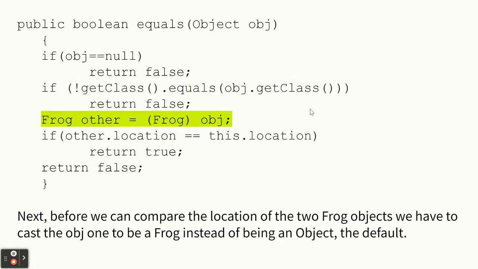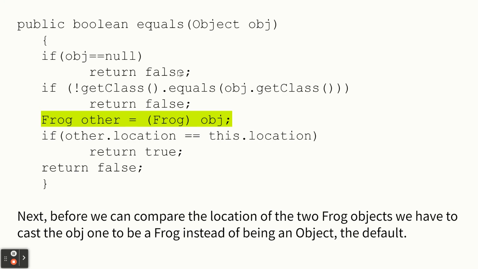Then we have to cast the OBJ into a frog because it's an object right now. Just like we cast an int into a double by putting double in front with parentheses, you can cast something into a frog. Of course, only if it is a frog. If you tried to cast an int into a frog, I think it would just say can't do that.